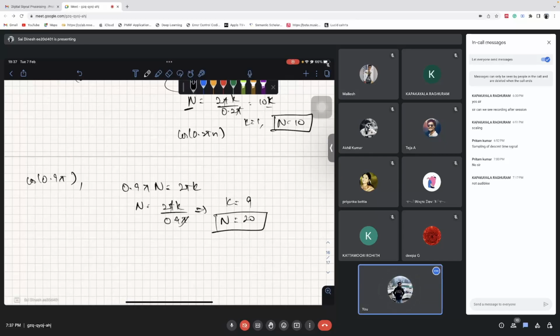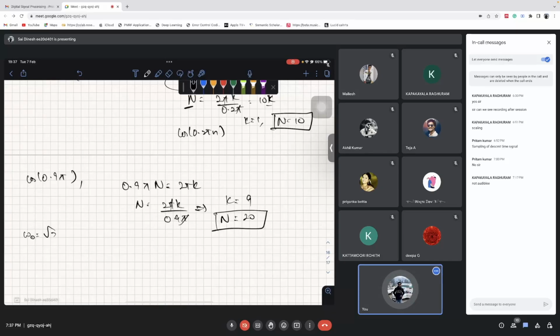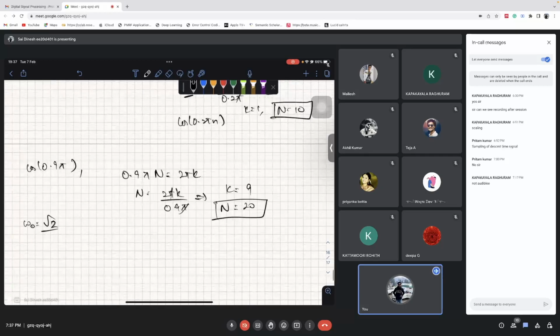Let's take omega naught equal to root 2. This is interesting, right? So cos of root 2 n. Here N equals 2 pi k divided by root 2, which is root 2 pi k.